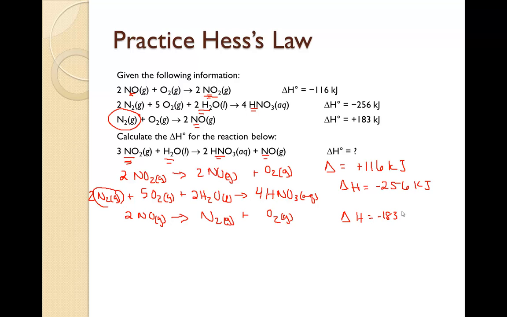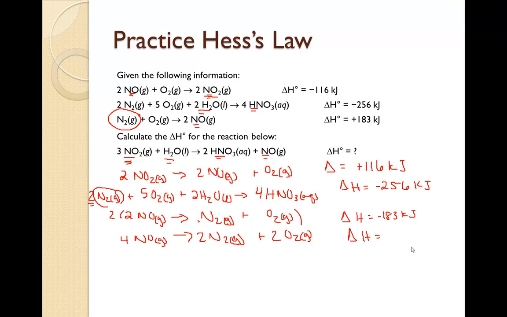Now let's take another look at it. We have 2 N2s here, only one here. So I'm going to have to multiply this entire equation on the bottom by 2. So now we have 4 NO gas, 2 N2 gas, and 2 O2 gas. Because I multiplied that by 2, I have to multiply the 183 by 2.